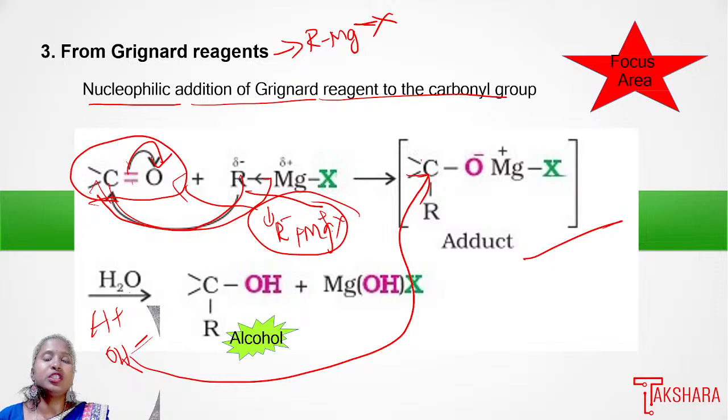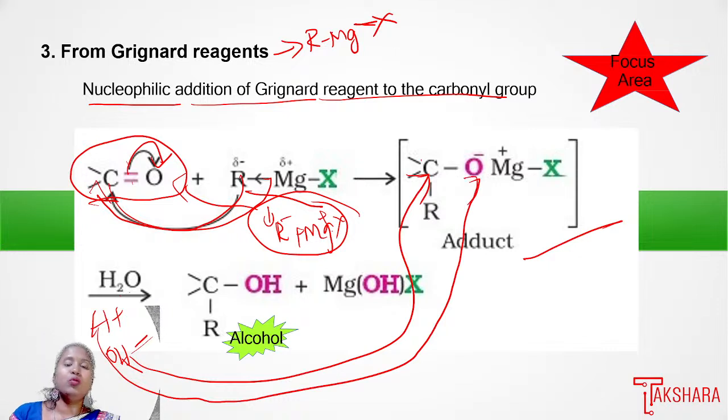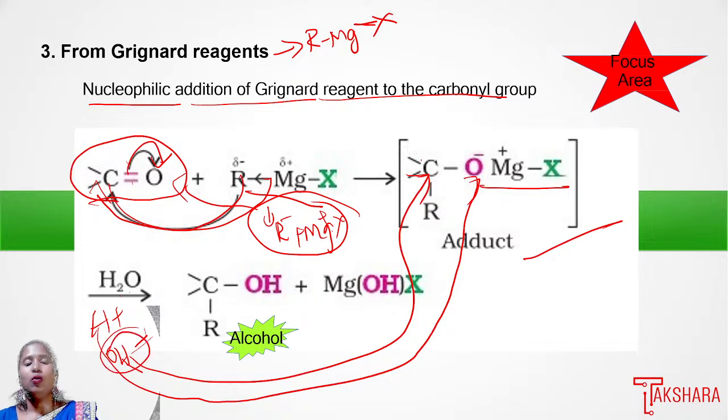Another H combines with the oxygen atom, and left out are MgX and OH, that is MgOH and X, as byproducts.